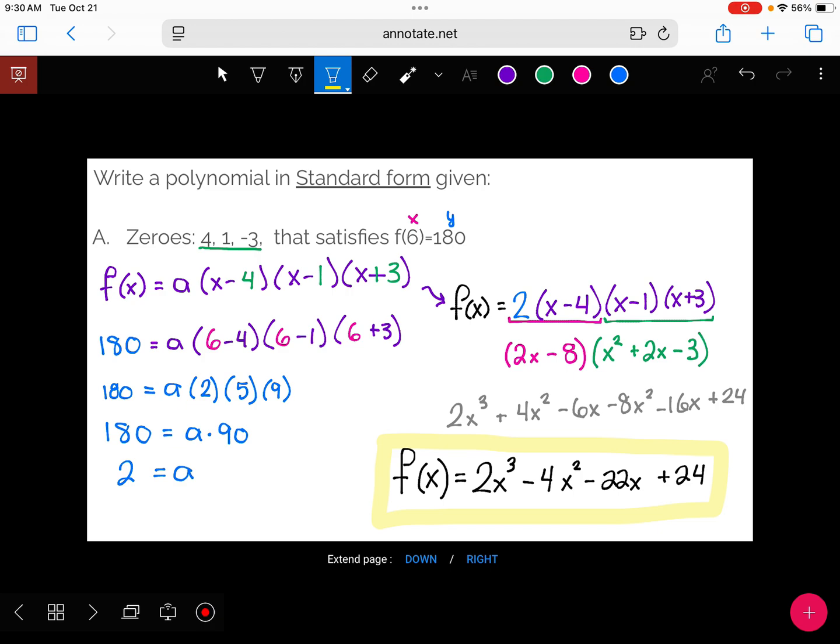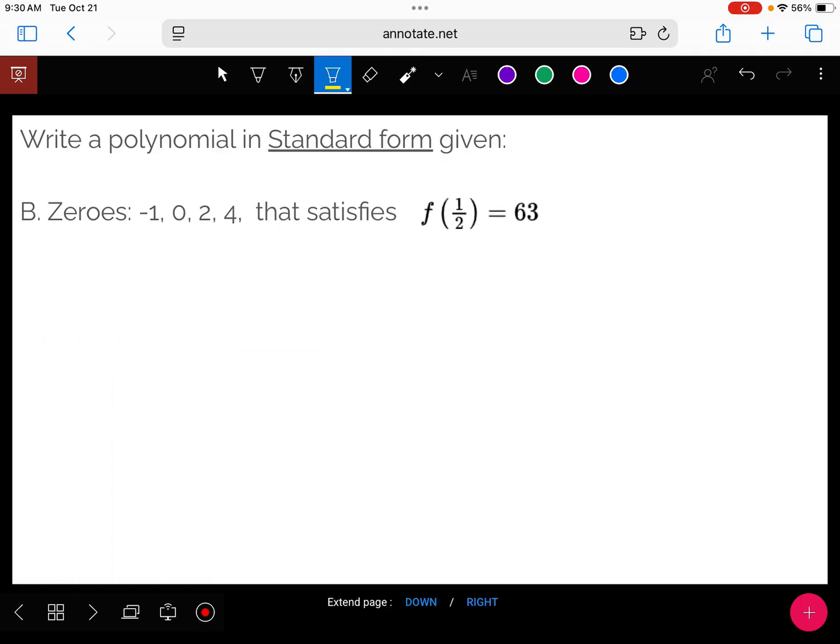We're going to do another one like this. So here we're going to be given some zeros. Given is zeros at -1, 0, 2, and 4. And that f of 1/2 equals 63.